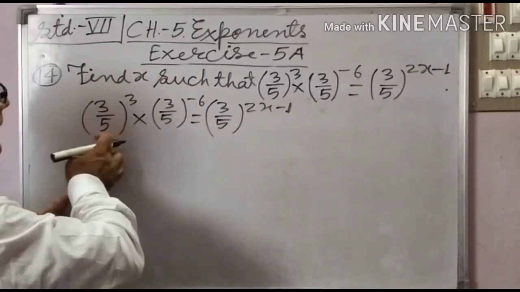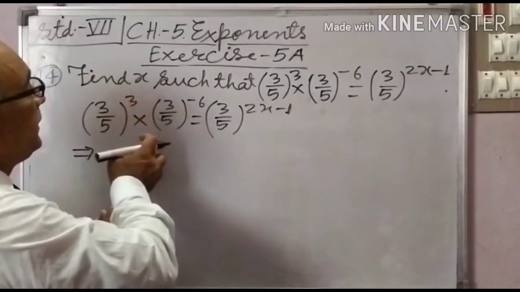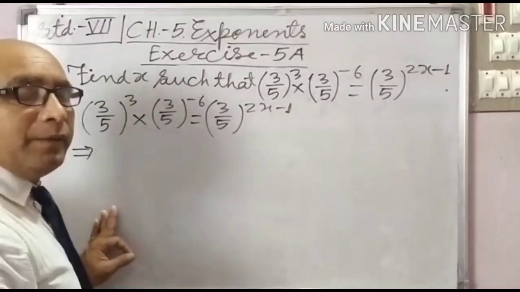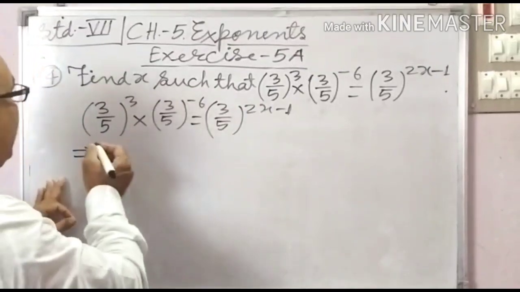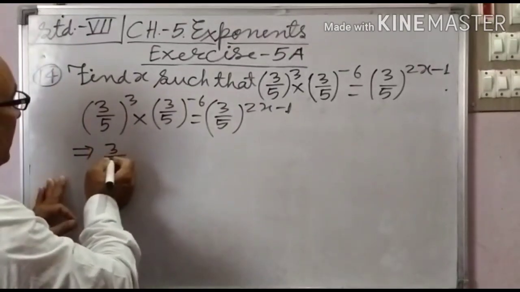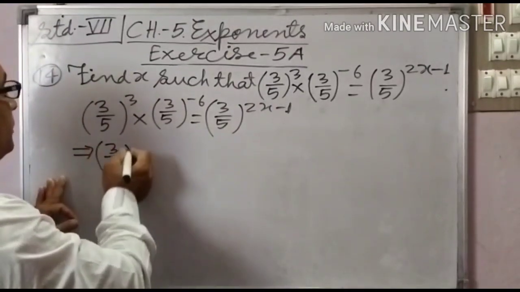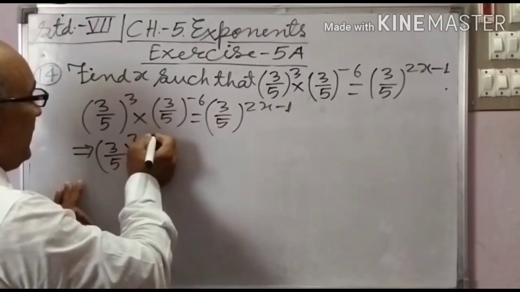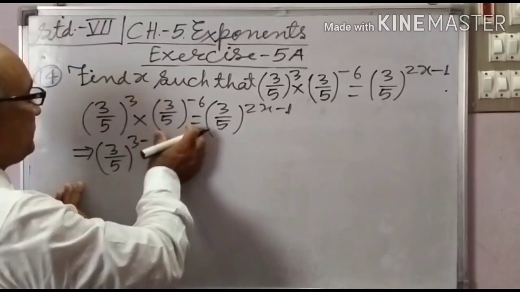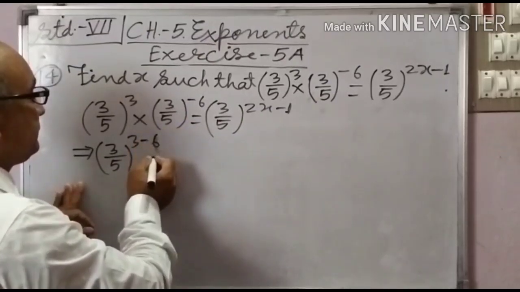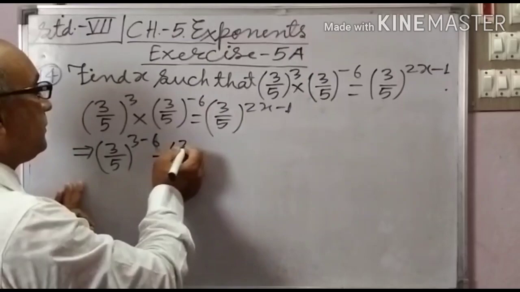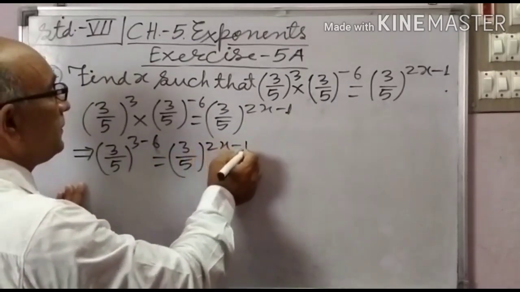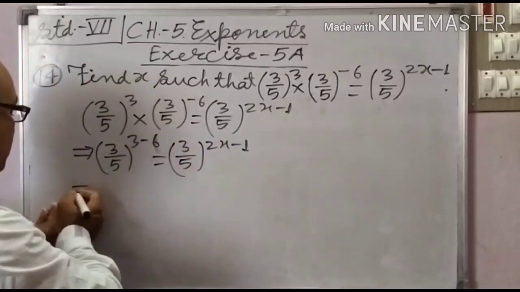Students, here a by b to the power m into a by b to the power n equals a by b to the power m plus n. So 3 by 5 to the power 3 plus minus 6 equals 3 by 5 to the power 2x minus 1.